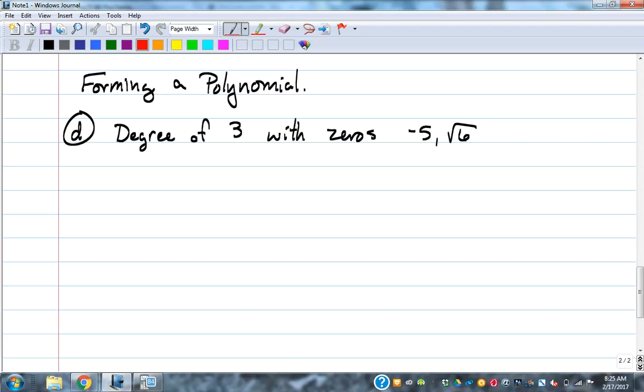What's the one that they didn't tell us about? Yeah. The radical 6, we got the positive side of it. There also should be a negative side of that. Because if it's got a square root as a solution, then it should have had a plus or minus in front of it at some point.